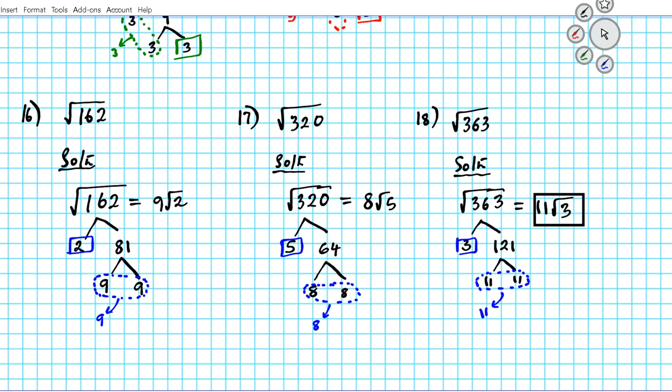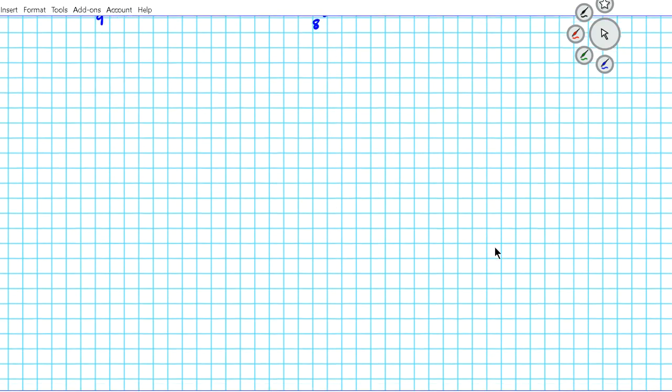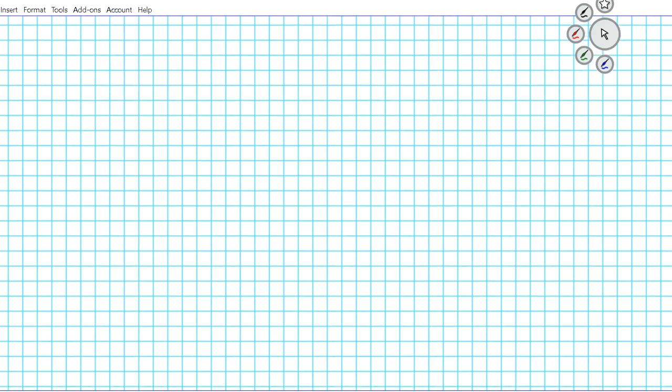Alrighty, let's take a look at the next one. Question number 19. For question 19, let's say we were to find the square root of 180. Alright, so let's do that. So square root of 180.